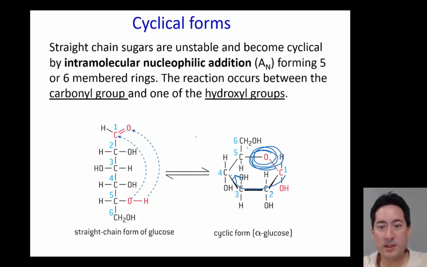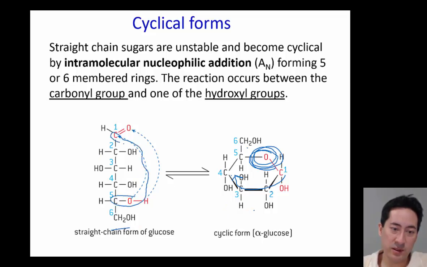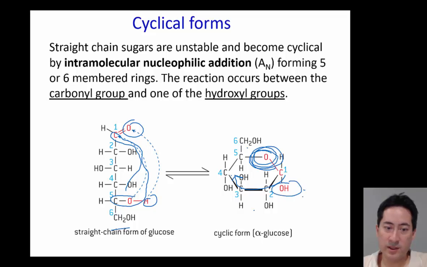You may be asked to go from this to this, so just draw it out. There has to be this C-O-C bond, so draw a line, and then the leftovers here become an OH group, and the OH group will hang off that first carbon.